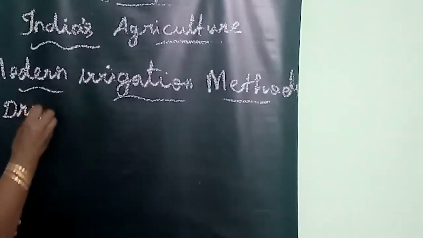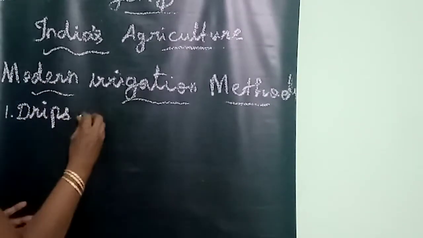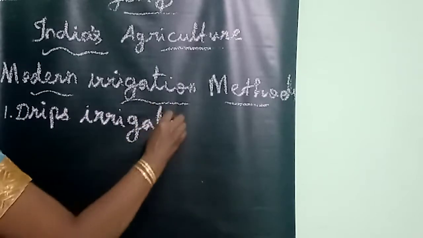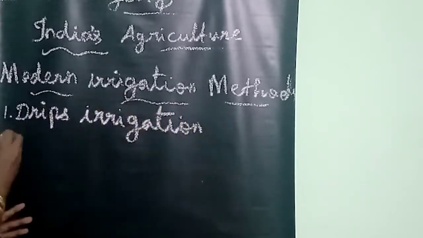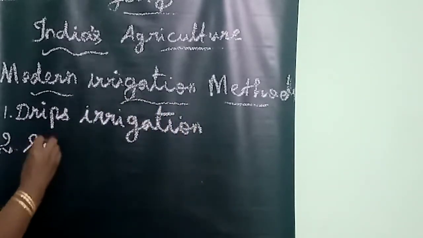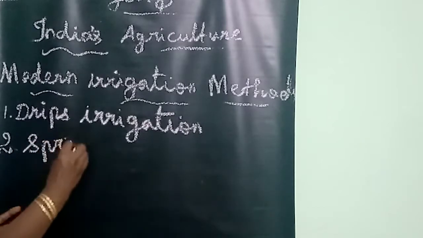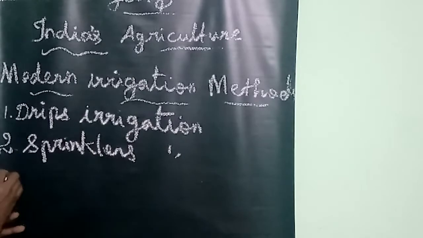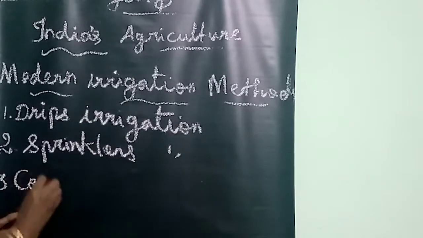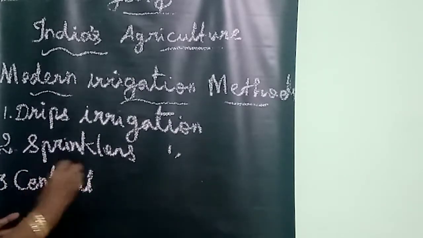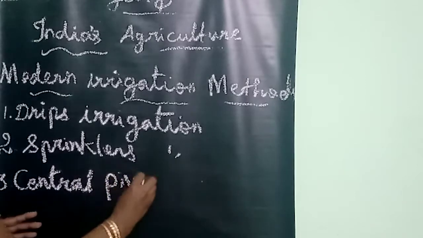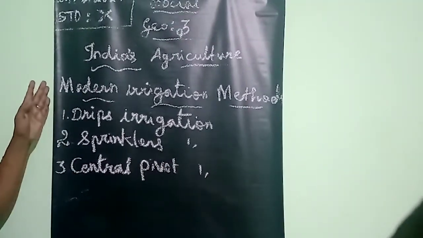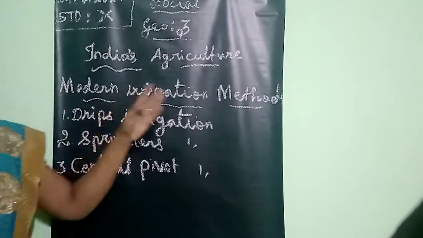The second one is sprinkler irrigation. The third one is central pivot irrigation. These are the 3 modern irrigation methods.